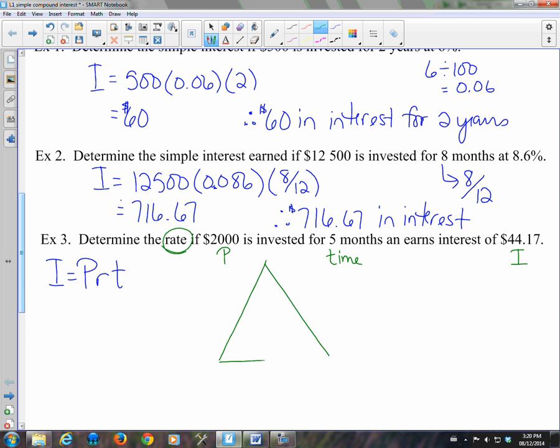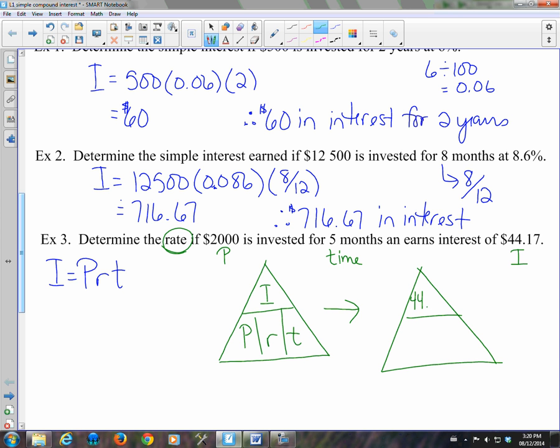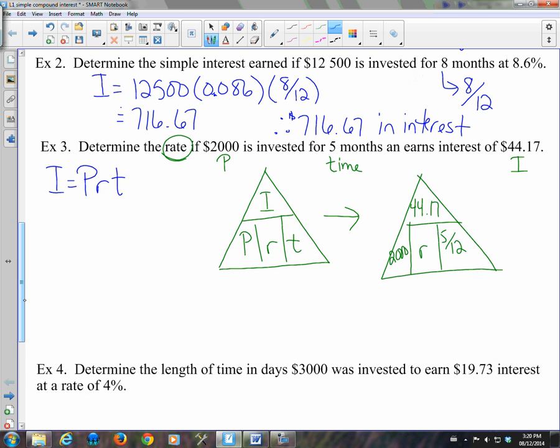There's a triangle. You know the interest is the principal times the rate times the time. So if you fill in everything you know in your triangle, my interest is $44.17. My principal is $2,000. My time is 5 months out of 12, and I have to figure out the rate.